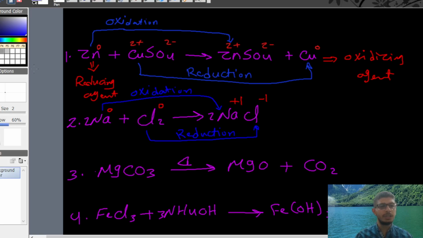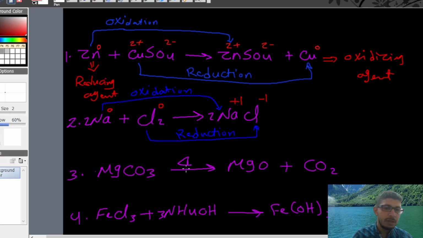So what is the oxidizing agent and what is the reducing agent? I try to make it simple for you. How do you determine the reducing agent and how do you determine the oxidizing agent?